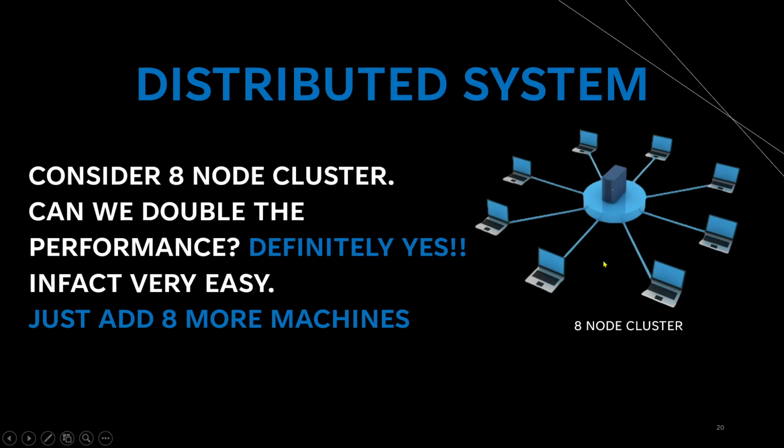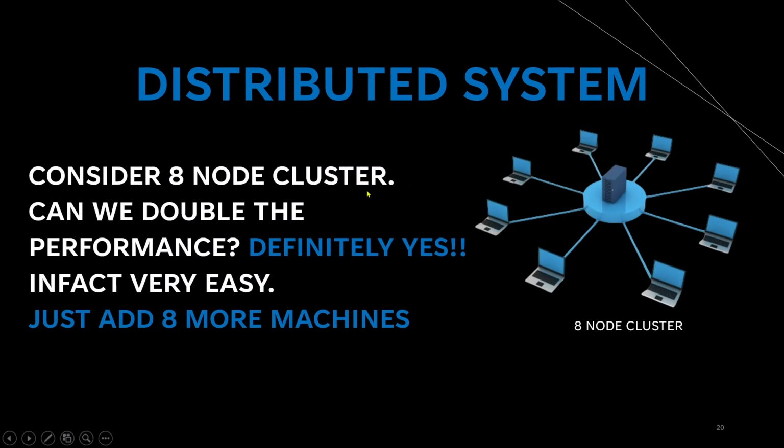That means the task takes 1 hour. If you add 16 more machines, it starts to take 30 minutes. This means you get 2x performance by increasing the resources 2x. This is called a distributed system, and adding machines is what makes it distributed, not increasing the RAM.